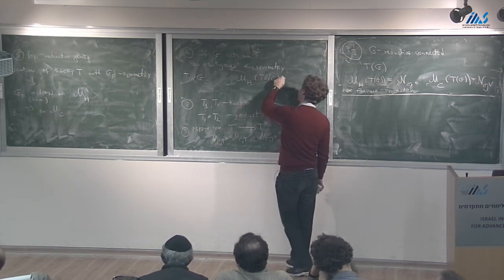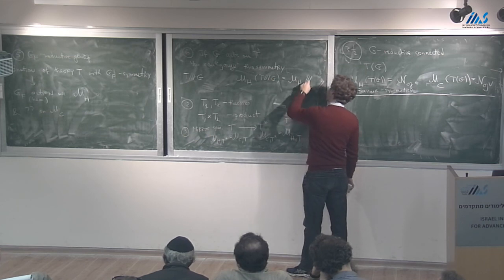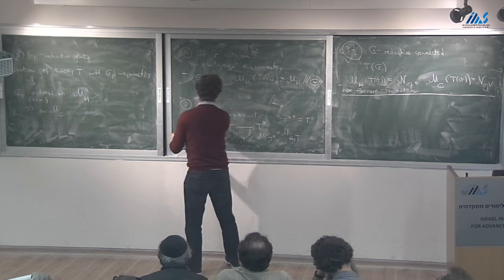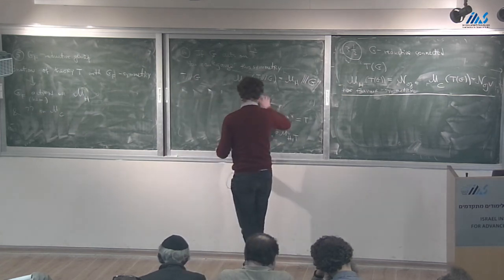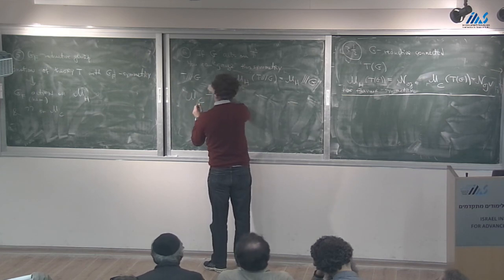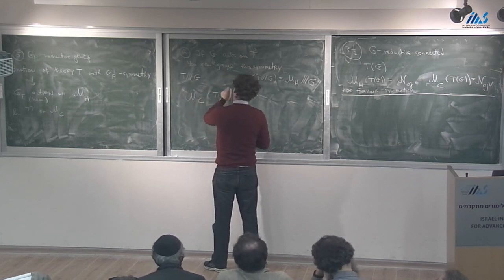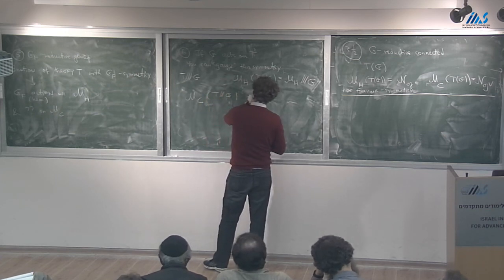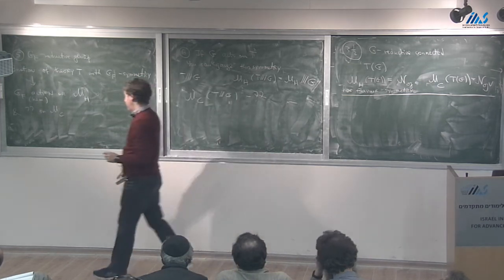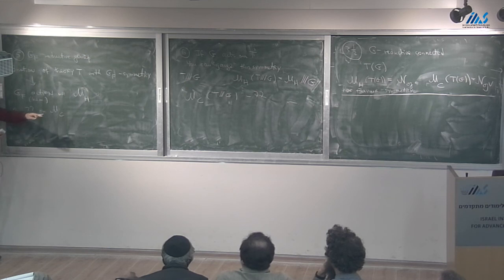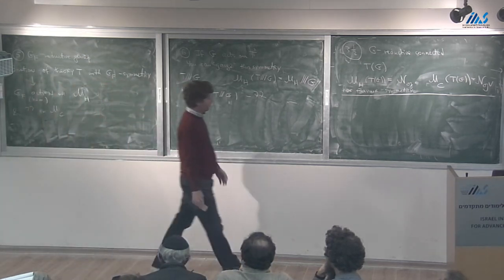The Higgs branch is just the Hamiltonian reduction of the original one. And M_C of T quotient G is something, and at this point I'm not in a position to tell you the answer, because for this I have to explain what happens here. Then I'll be able to tell you what happens here.